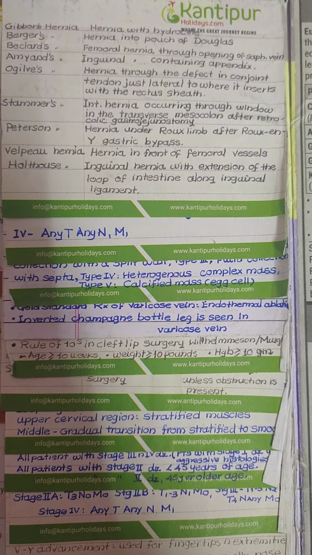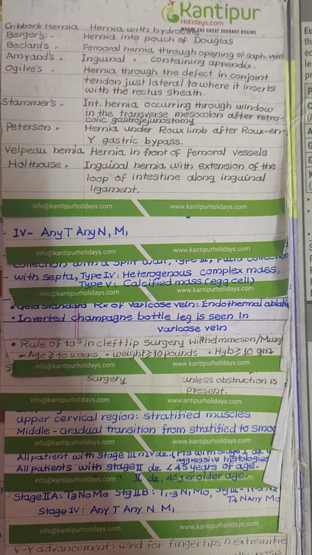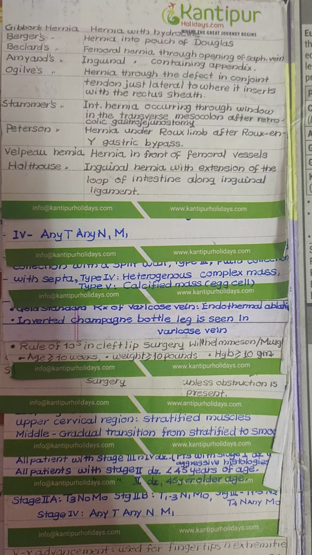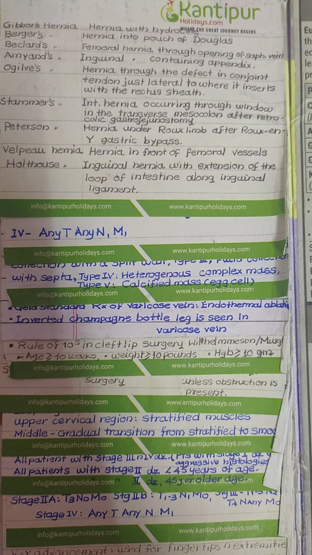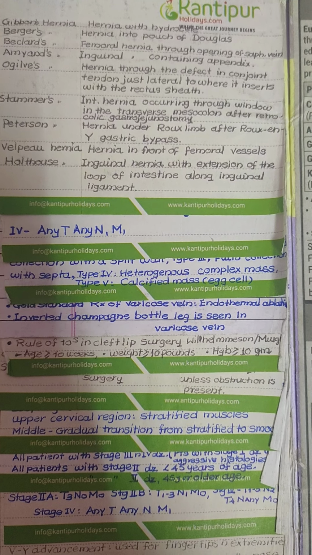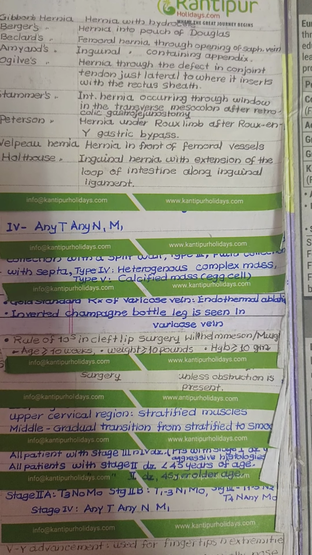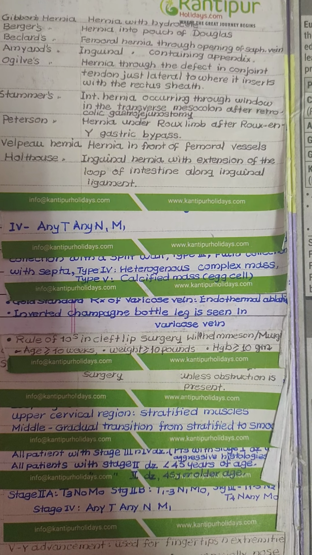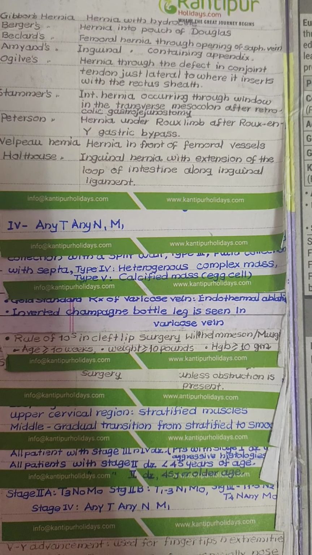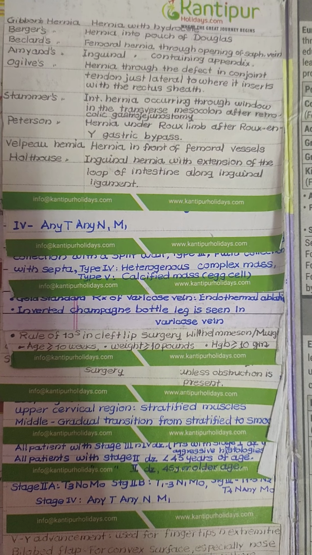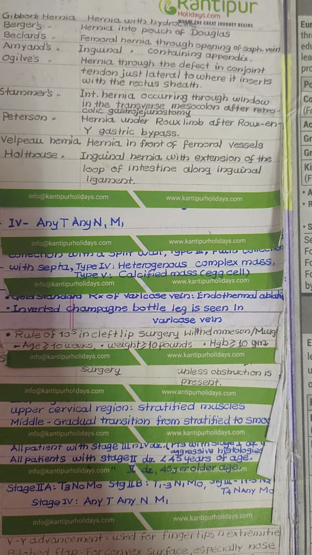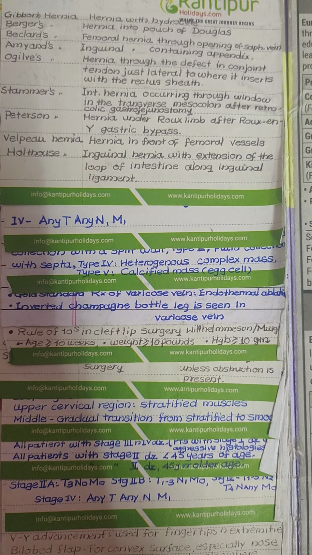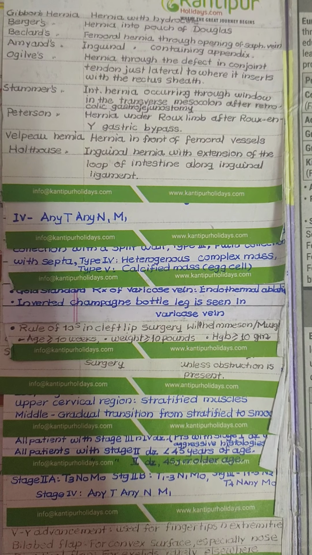Gibbon's hernia: hernia with hydrocele. Berger's hernia: hernia into the pouch of Douglas. Becker's hernia: femoral hernia through the opening of the saphenous vein. Amyand's hernia is inguinal hernia containing appendix. Ozil's hernia is hernia through a defect in the conjoint tendon just around where it inserts into the rectus sheath.